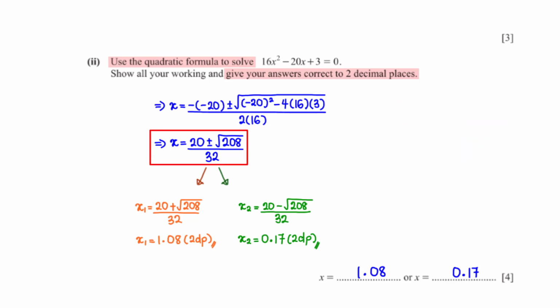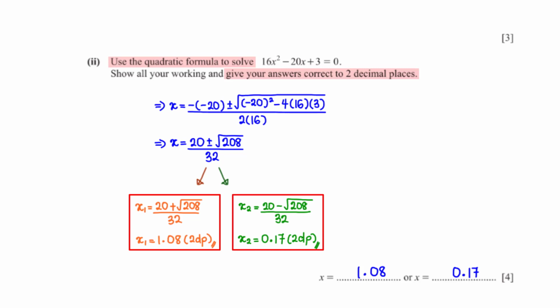The number under the square root, -20 squared minus 4 times 16 times 3, gives us 208. For the denominator, 2 times 16 is 32. For the first possible value of x, we get 1.08 rounded to 2 decimal places. And for the second possible value of x, we get 0.17 rounded to 2 decimal places.